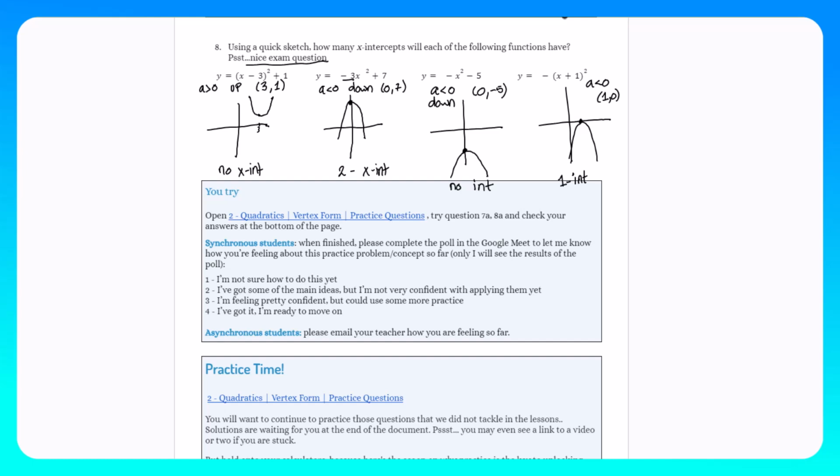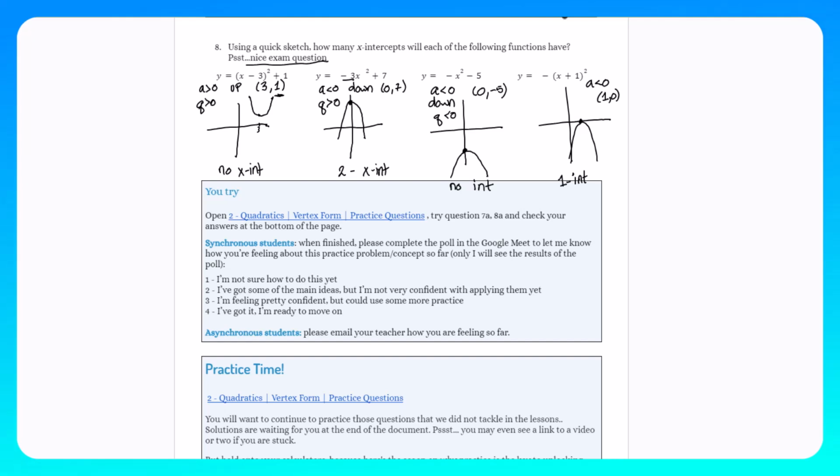So let's think about what's going on here. When A was positive and Q was positive, there was no x-intercept. When A was negative and Q was positive, there were 2 x-intercepts. When A was negative and Q was negative, there were no intercepts.